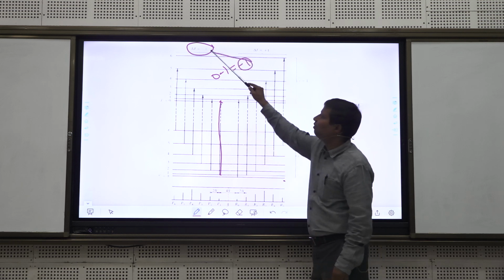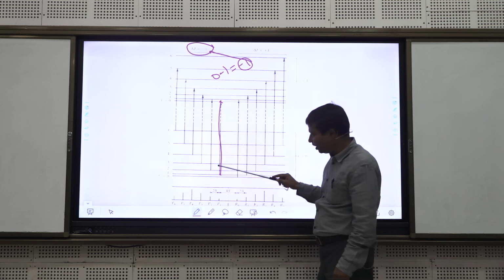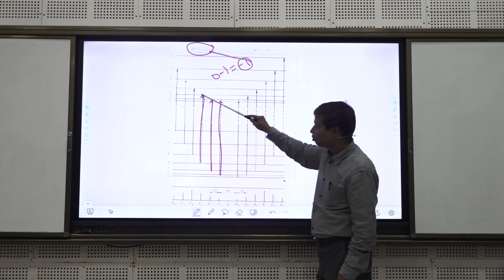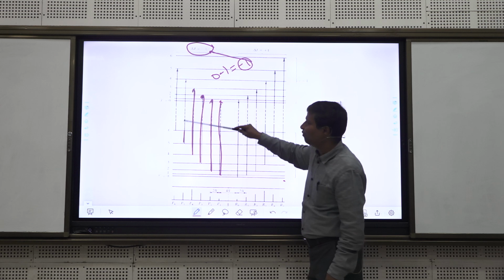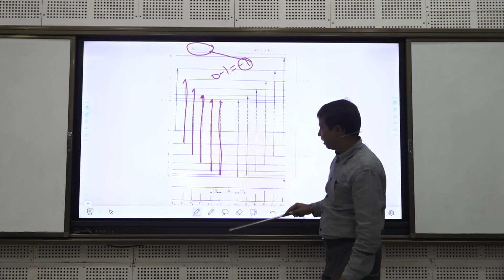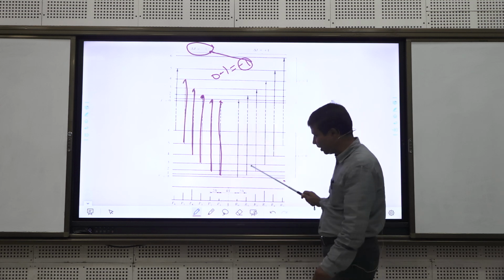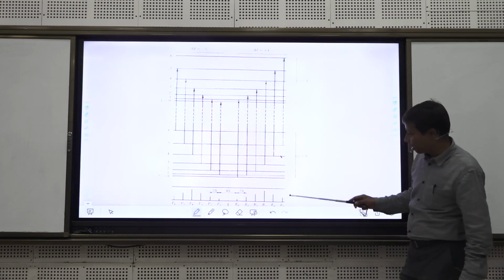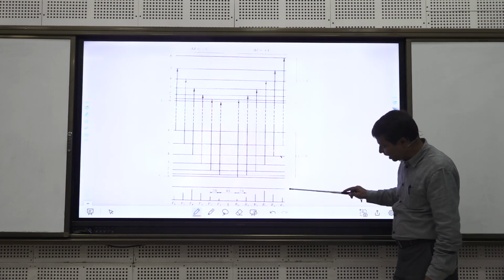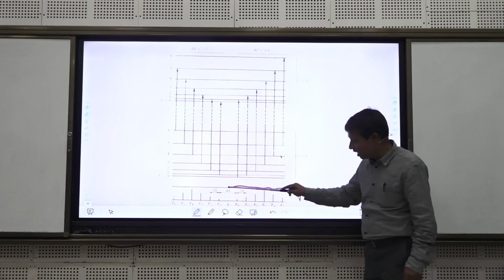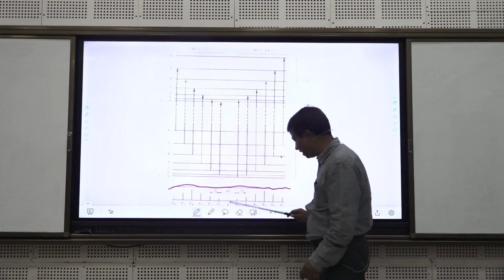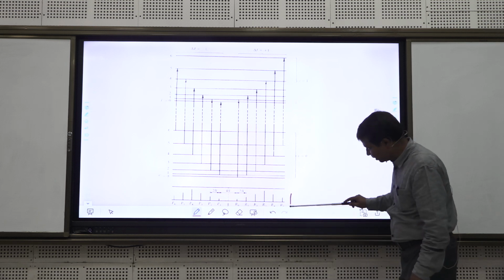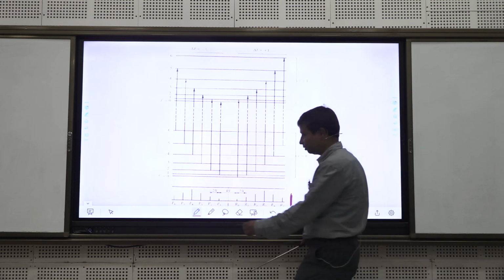This is what is given here. Every transition here is minus 1. Now let us see what happens on the spectrum side. This is the spectrum, and there is a line here and a line here.